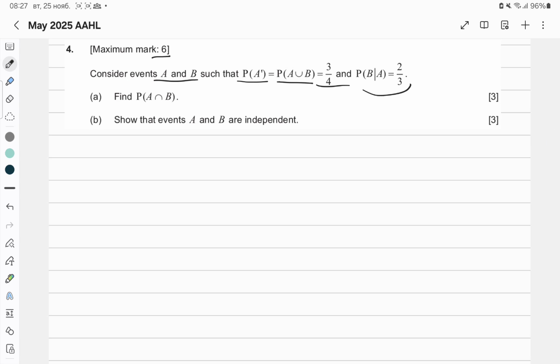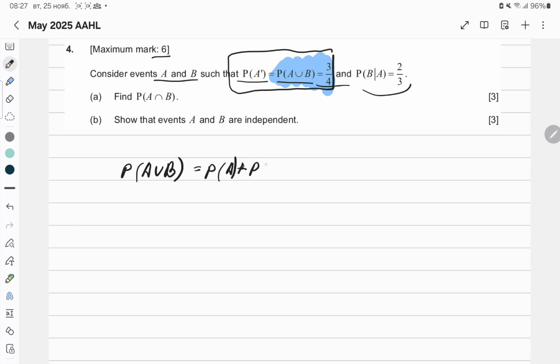I want to underline this formula because it's given in the formula booklet: P of A union B is equal to P of A plus P of B minus the probability of their intersection. And it says that P of not A is also 3/4.